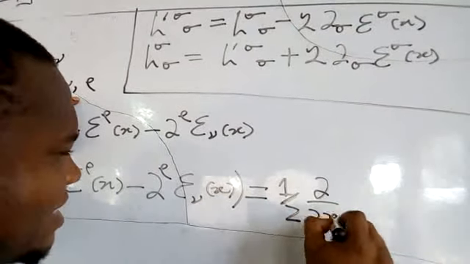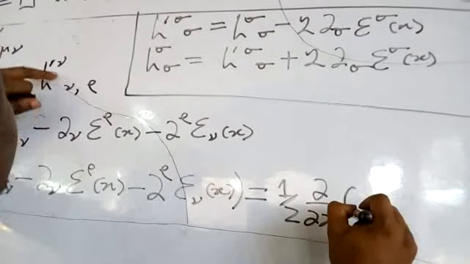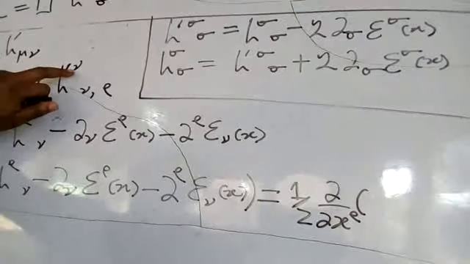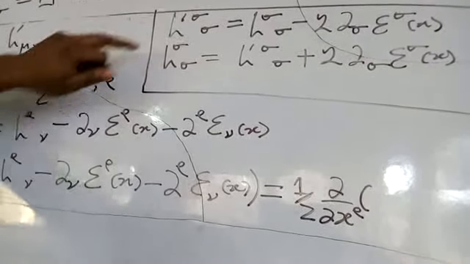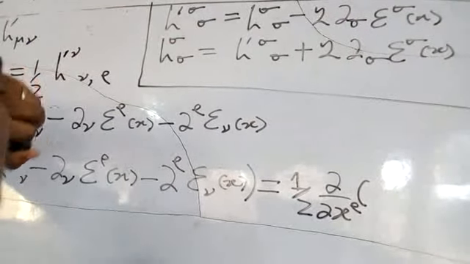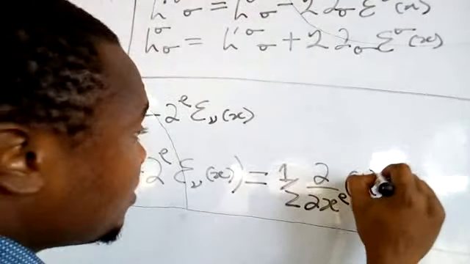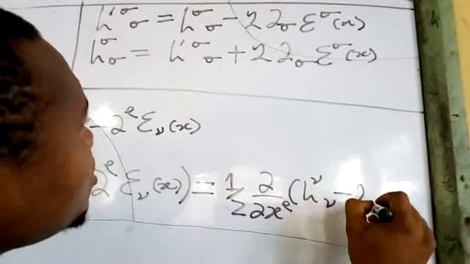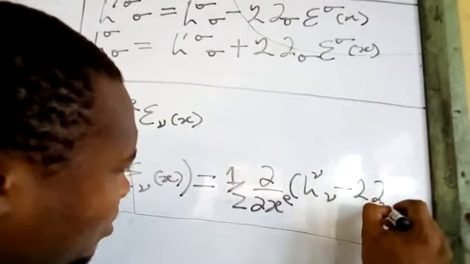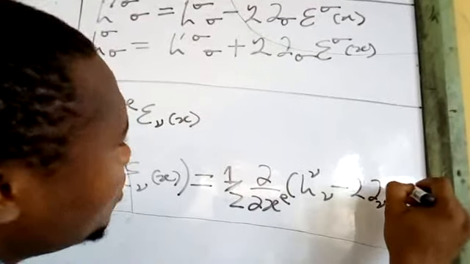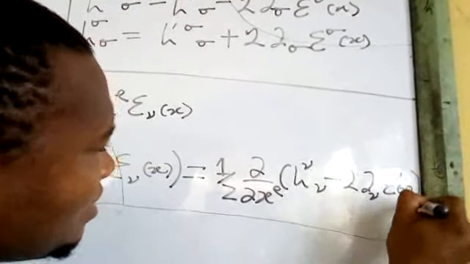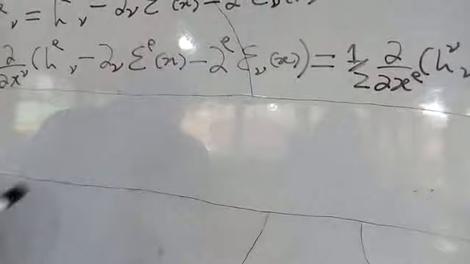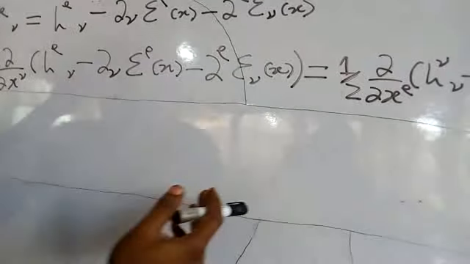So this is the ∂x ρ, and here in brackets, prime ν is the same thing as prime σ. So let's maintain the ν. This is ν minus this is 2, ν ε_ν of x. I guess that is just the same thing as that. There's no big deal here.